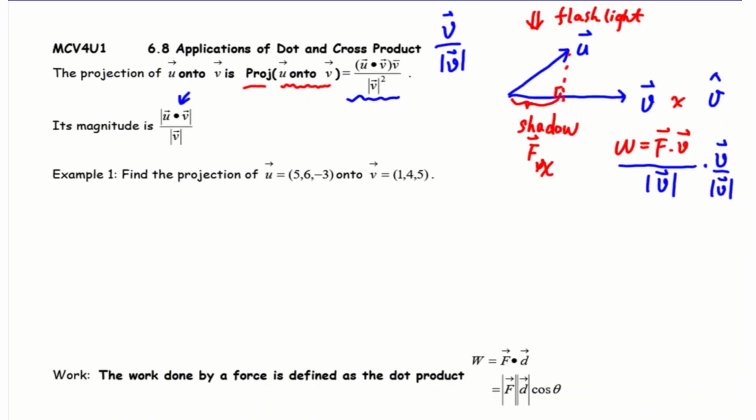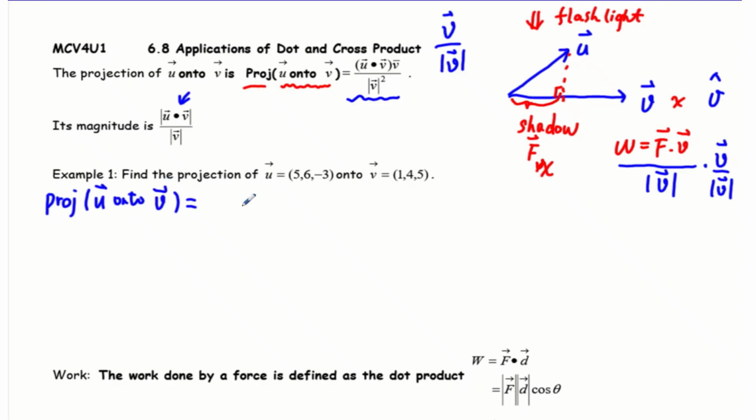So now we are going to use this projection formula to find the projection of u onto v. So we copy this formula here: projection of u onto v.